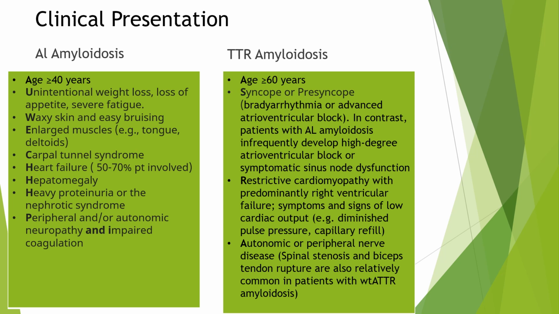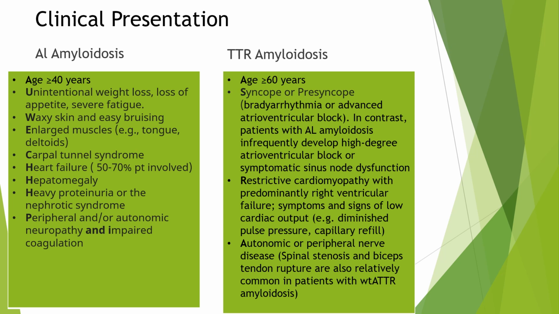It involves a lot of organs, leading to waxy skin, easy bruising, enlarged muscles, macroglossia, deposition of amyloid in the deltoids, carpal tunnel syndrome. Then it has cardiac involvement, liver involvement, kidney involvement leading to nephrotic syndrome, and peripheral and autonomic neuropathy with impaired coagulation.